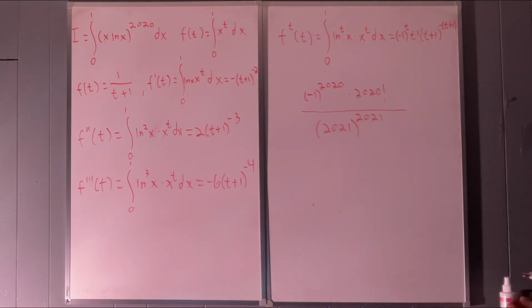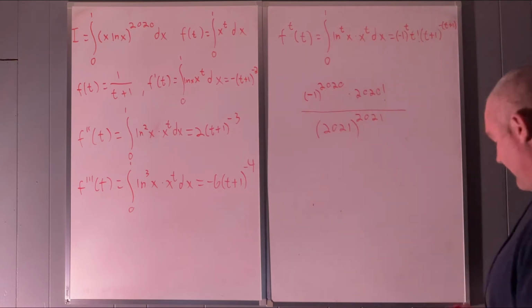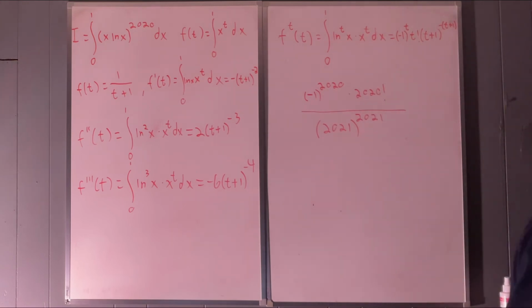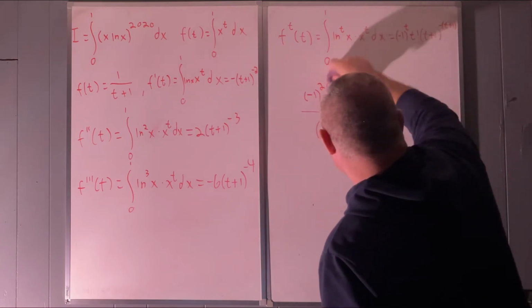And that is extremely close to 0, actually. It's not quite 0, as you can see, but it's very close. And you'll also see that since this is an even power, that will just become a plus 1. So we can just write it like this.